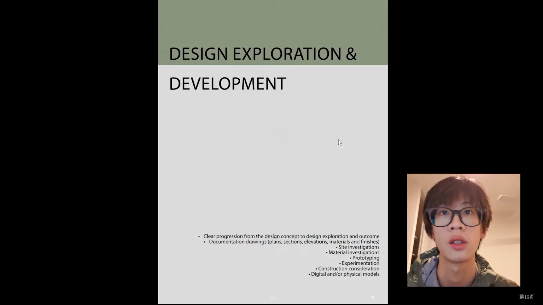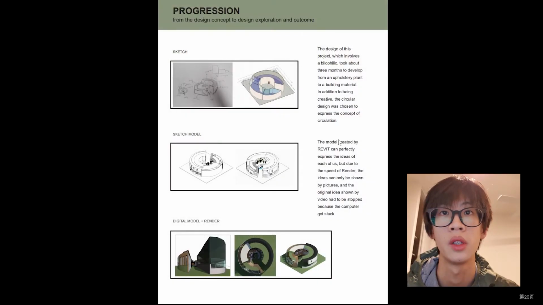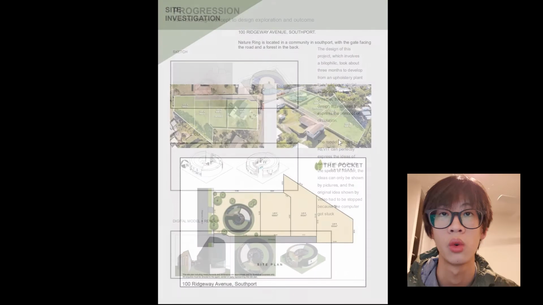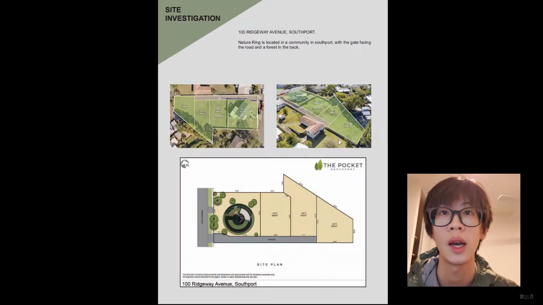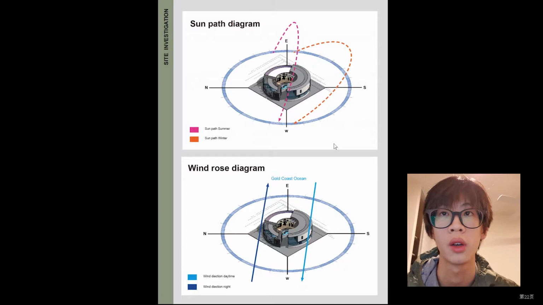For the design exploration and development, I made some screenshots of the process from sketch to the final render project. Our site is chosen in the Gold Coast. The front of the house will face the street and the back will be a big forest.